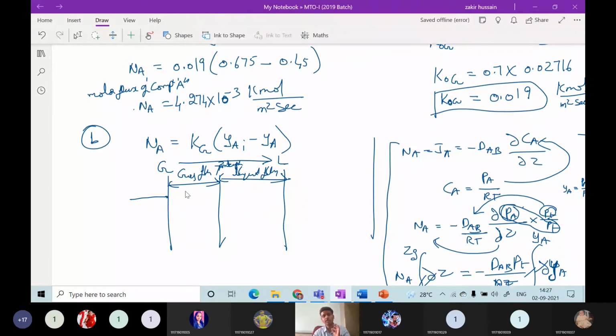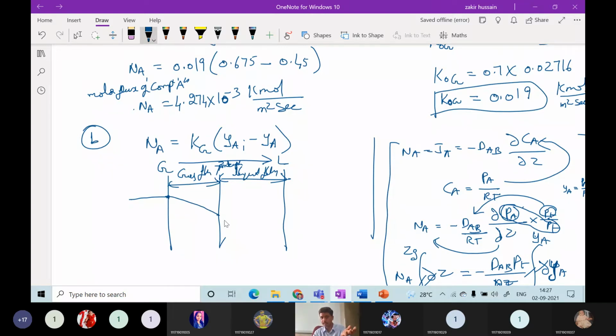Within the film, according to film theory, mass transfer will take place. When mass transfer takes place, concentration will be reduced, or pressure will be reduced. So the profile will be dropping like this.